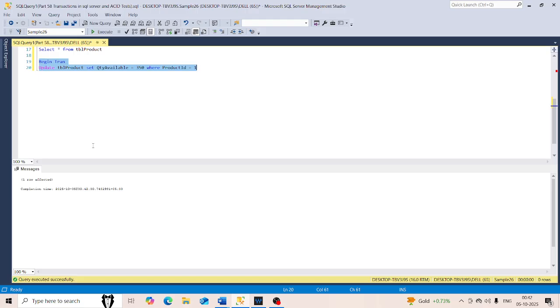Now let's say there is another person who connected to the SQL Server, and he is also trying to update the same table.